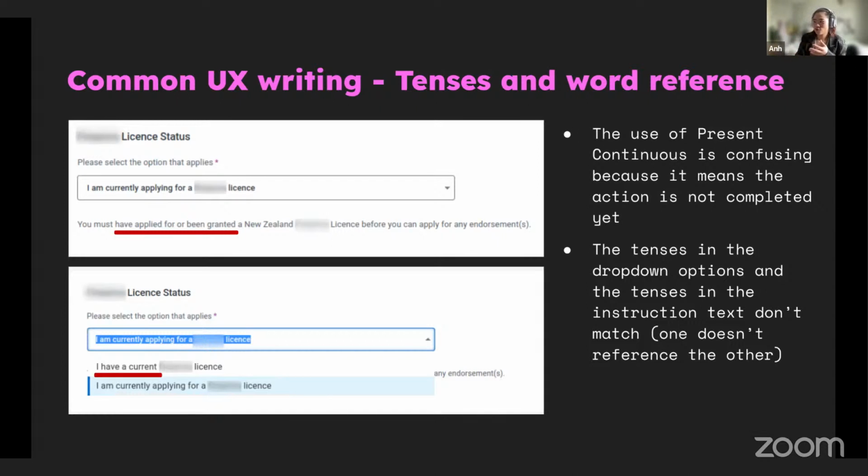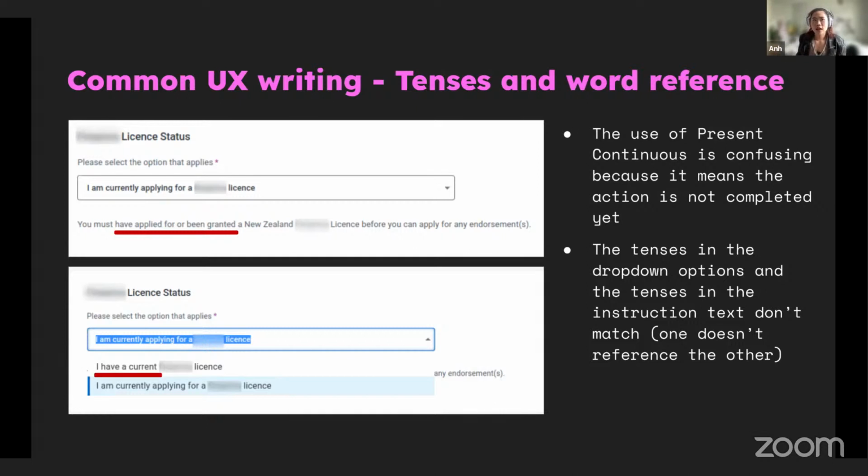The tenses in the drop down options and the instruction text also don't match. It's telling me that I must have applied or been granted a license, but here there's an option that I'm currently applying for one. So why should I even select this option anyway? You know what I mean? It's just all really confusing.